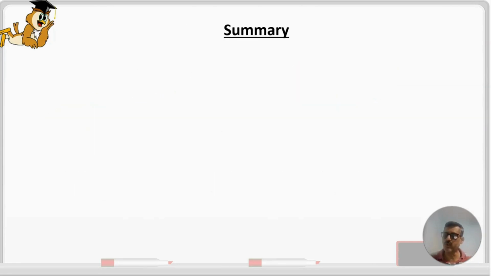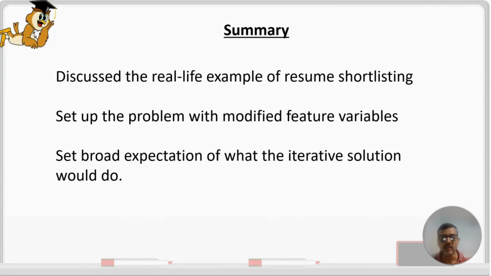Summary. This is a short one. We discussed a real life example of resume shortlisting. Okay, I came up with this example because I thought it had interesting variables that you could play around with, and so on and so forth. I hope you liked the example that I gave. I hope it was useful in conveying what the binary linear classifier seeks to achieve, right?